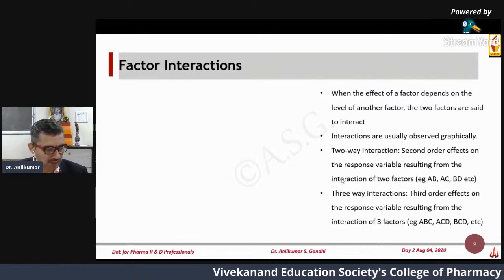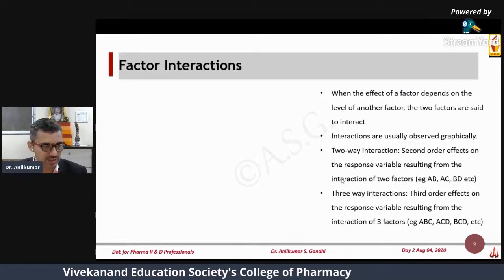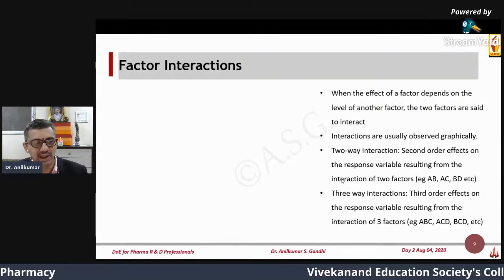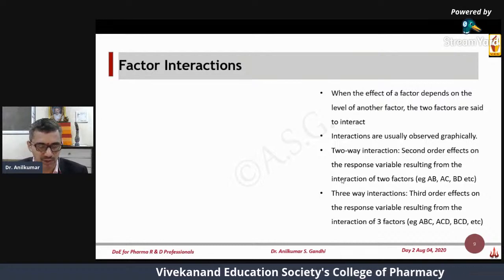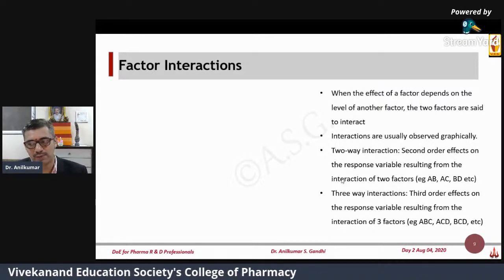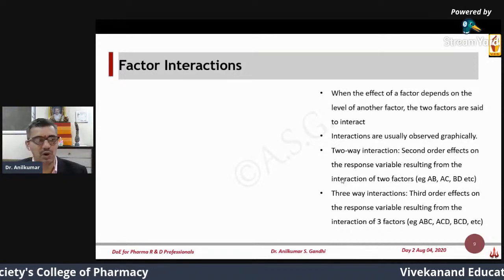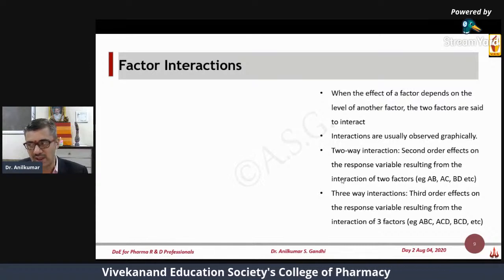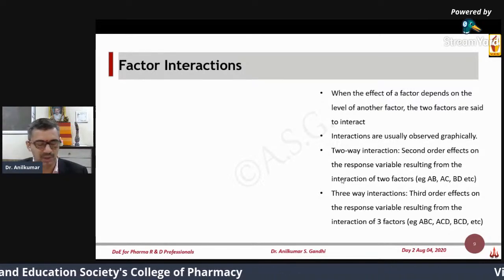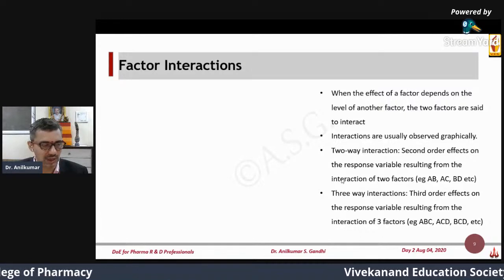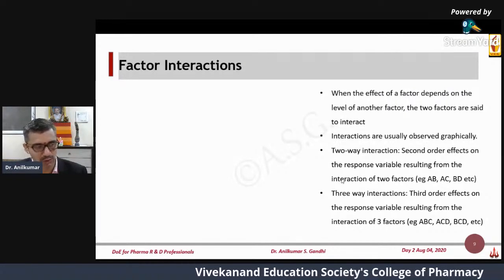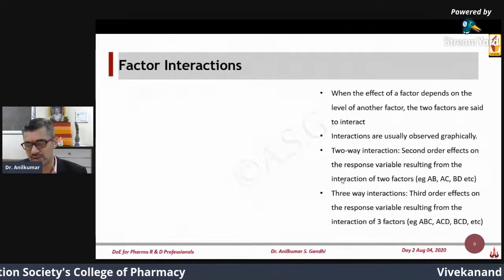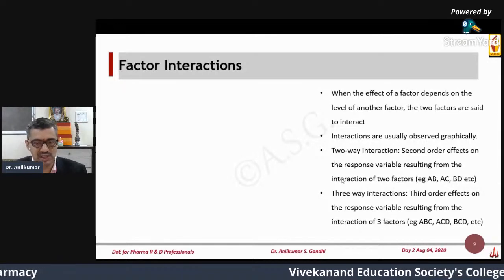We were discussing baking a cake yesterday, and we discussed the 4 factors. Now imagine the sugar level, which is very important for taste. Suppose the effect of sugar level depends on the temperature used. What I mean is that at a lower or optimum temperature, whether the sugar level is low or high, taste is good, and obviously with the high sugar level, you get sweeter taste, which is expected.